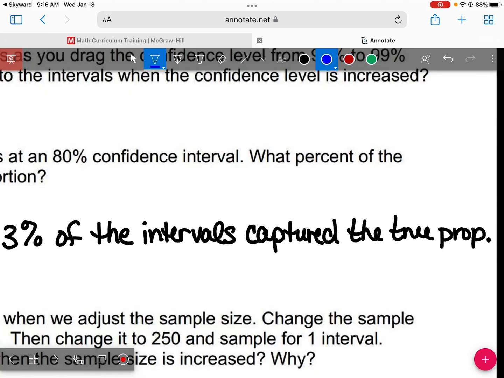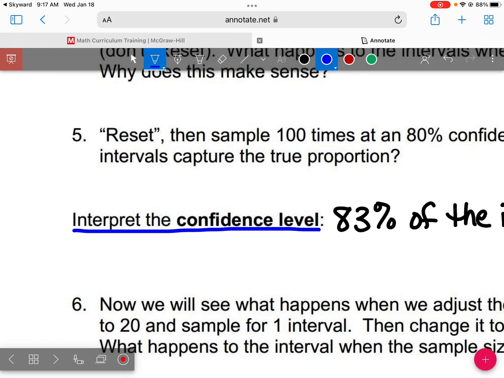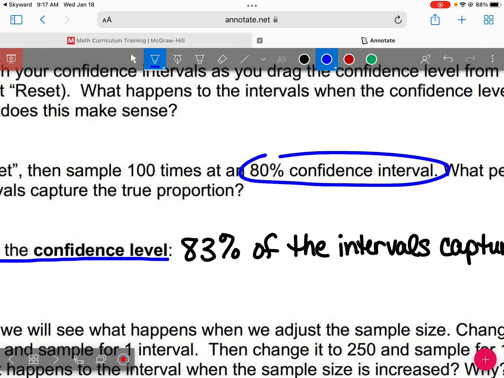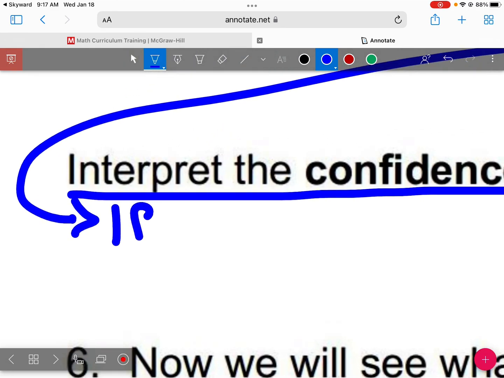Our formal way to interpret a confidence level is that if we take many, many, many samples and we calculate a confidence interval for each, we expect about 80% of them to capture the true population proportion. So an 80% confidence interval. I want to make sure you guys get this language down.